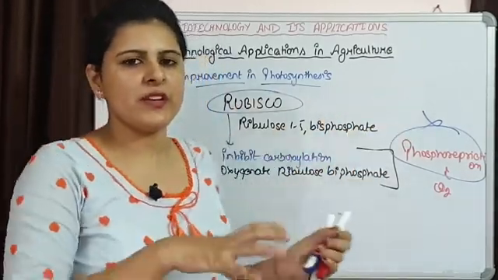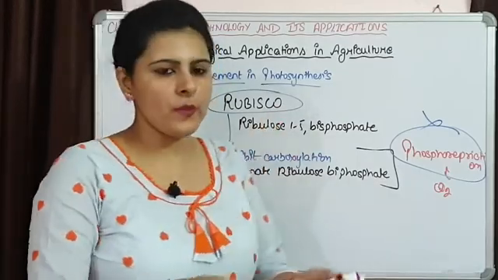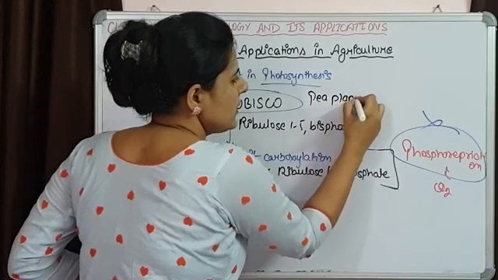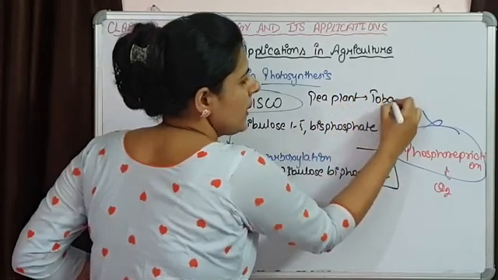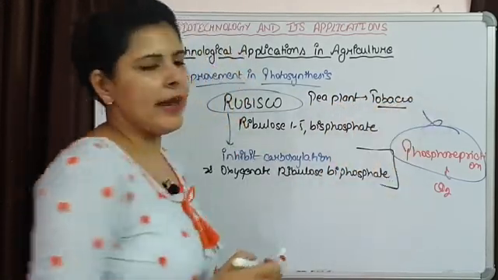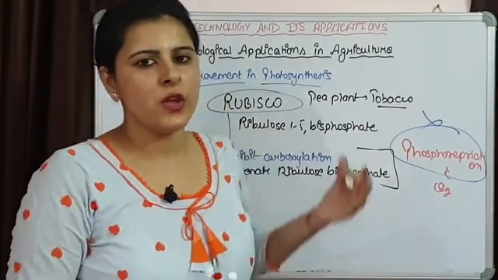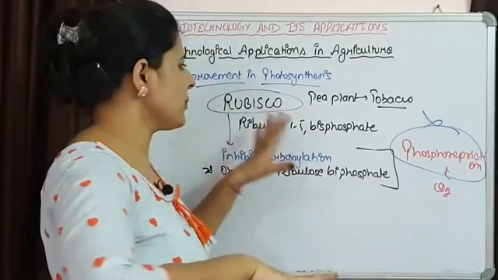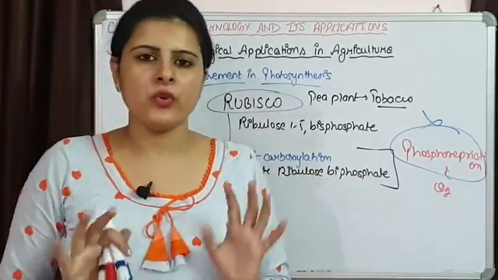So they extracted this rubisco from the pea plant and transferred it to the tobacco plant and tried to improve the process of photosynthesis. So this is how they genetically modified the rubisco gene, that is coding for rubisco.